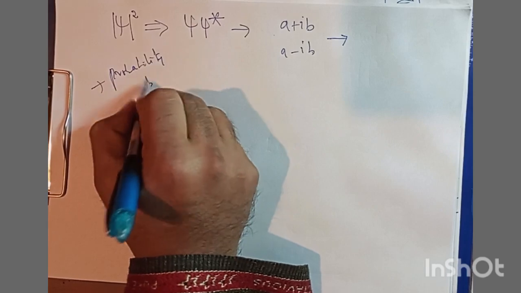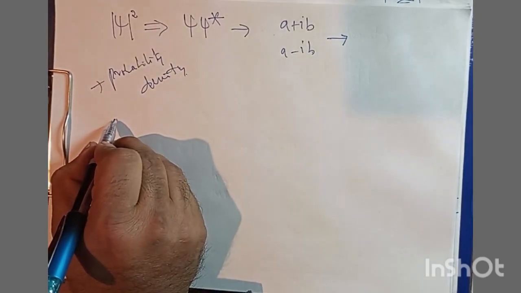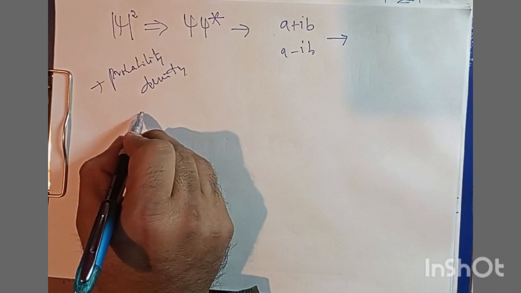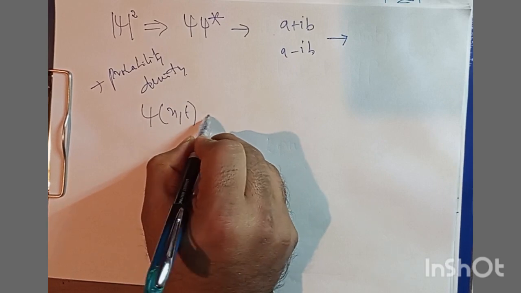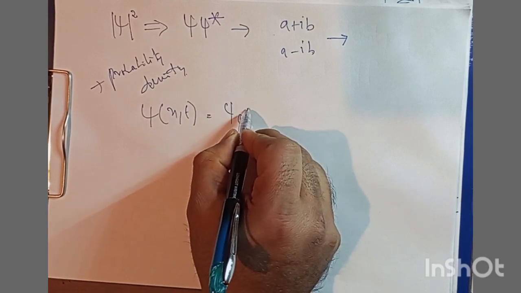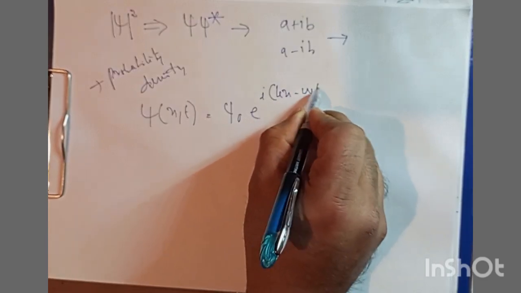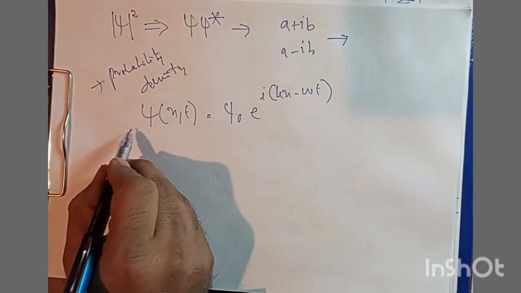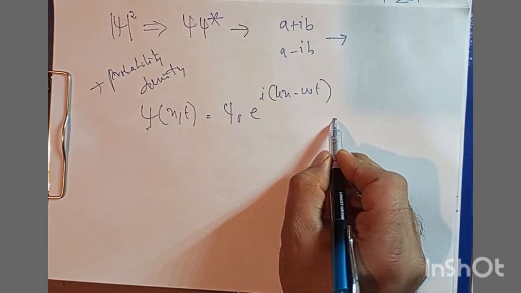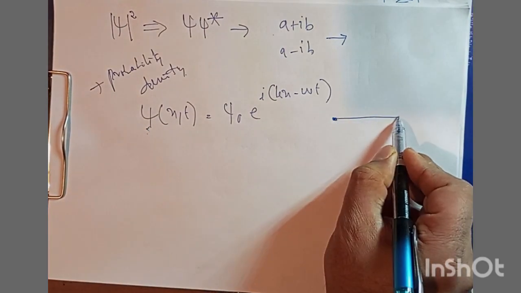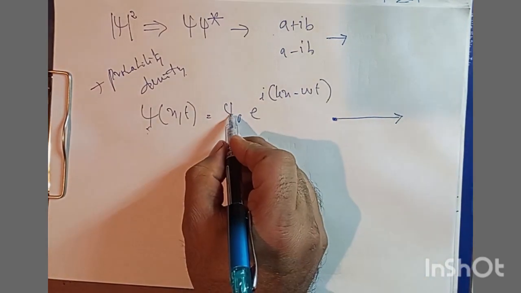Now we have taken a particle moving in the positive direction, and its wave function is e to the power of i times kx minus omega t. This is my wave function psi for a particle that is moving along positive x direction, and no force is acting on this particle.